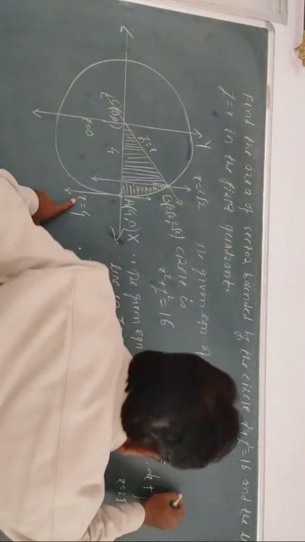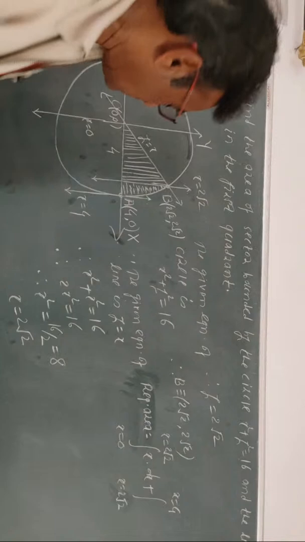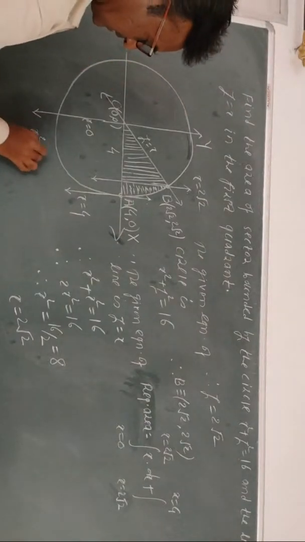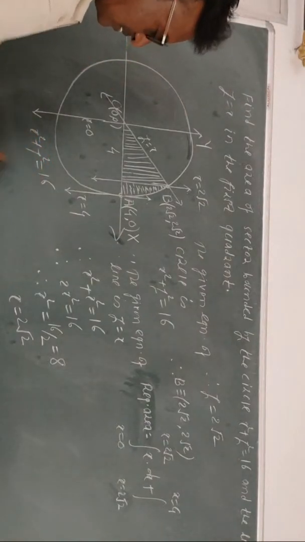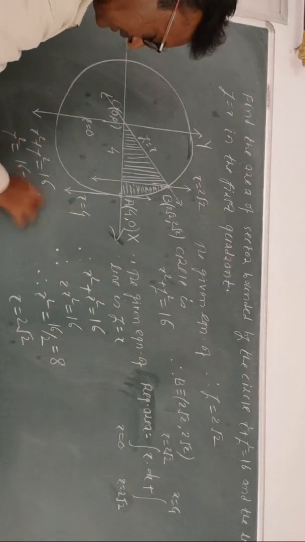and y of the circle. We know that the equation of this circle is x square plus y square is equal to 16. From this we find y square is equal to 16 minus x square.